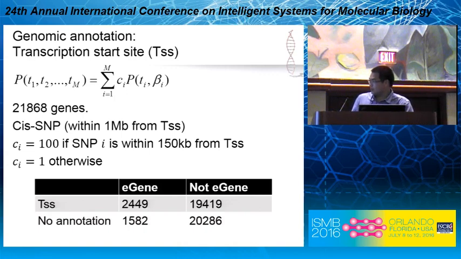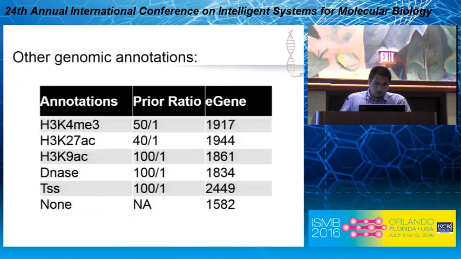So here are these two comparisons. We also test this using several other annotations. The first three are the histone marks that relate to activation of the genes. This is the DNA's binding sites, this is the transcription start site, and this is not using any annotation at all.